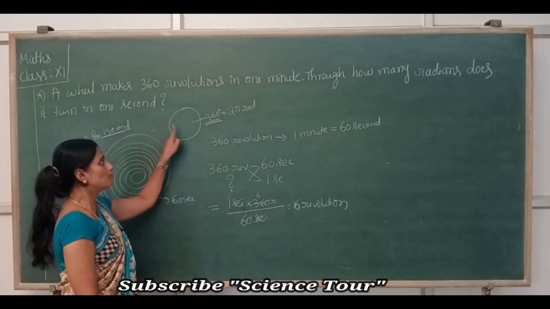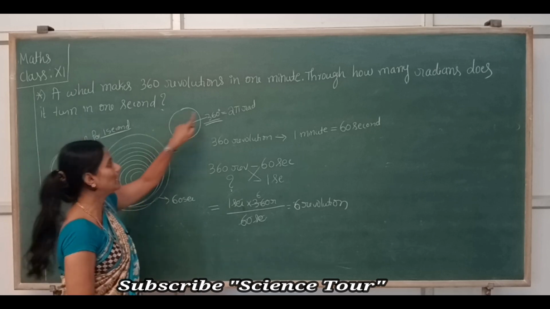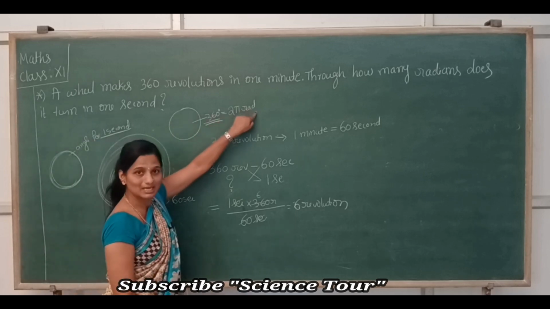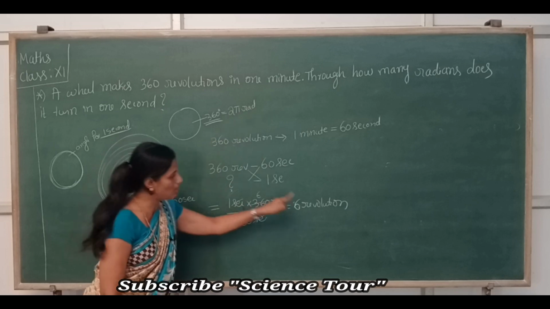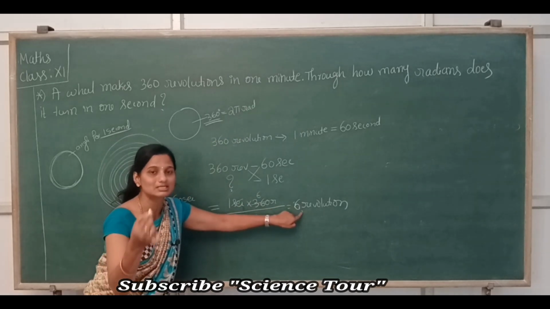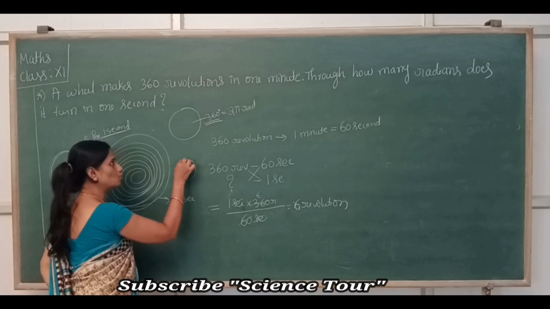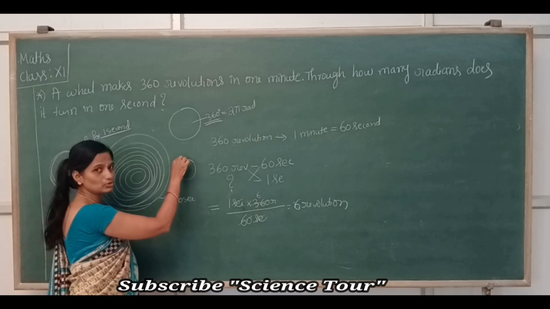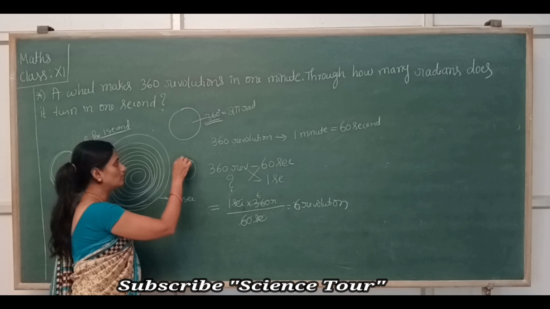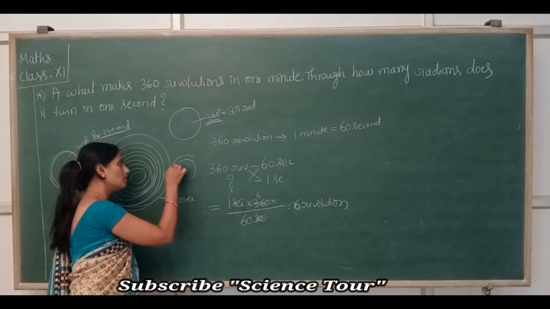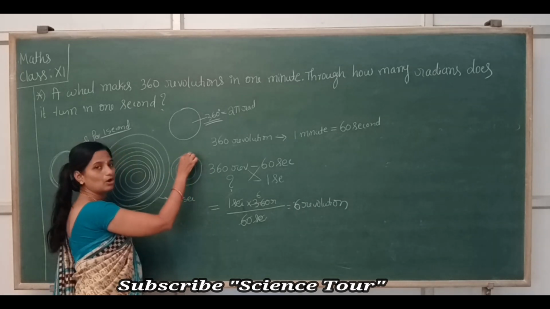That means for 1 revolution it takes 2 pi radians. So now how many revolutions did we get? 6 revolutions. For the second rotation, how much is it?